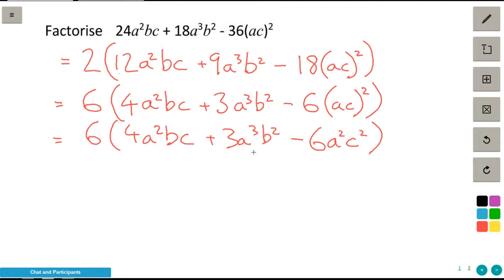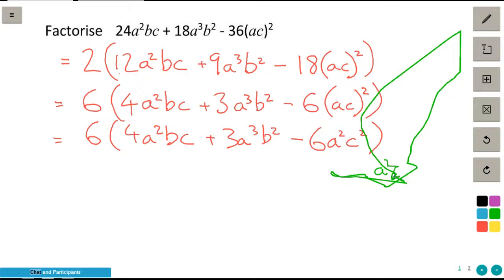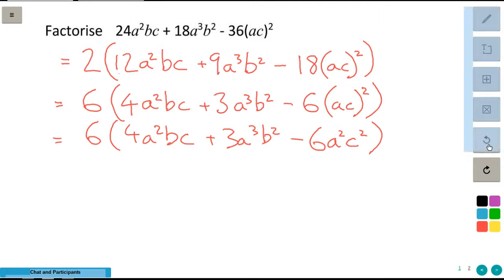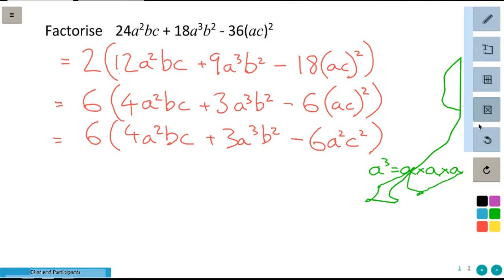And we can look at that A cubed and realize that another way of writing that A cubed would... And we can look at that a cubed and realize another way of writing it would be a multiplied by a multiplied by a. Oh, seriously now. I am getting fed up with that.